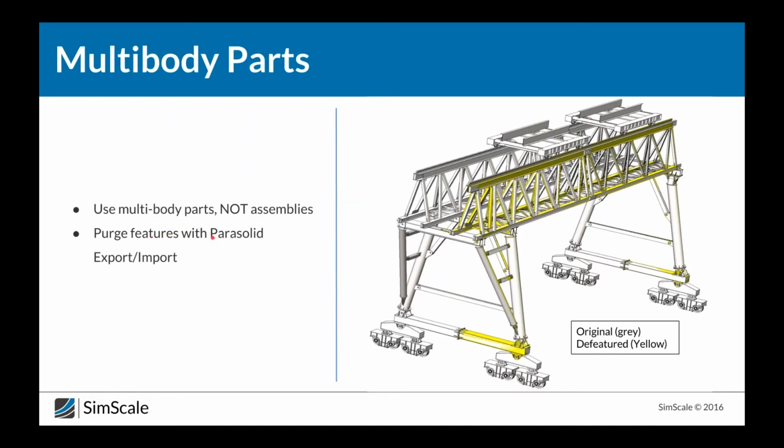And as I said, I regularly save out to a Parasolid and import it again, because what I find, particularly with geometry this large, is the history tree just gets unmanageable, and it can bog the system down. So I just keep it lean by purging it using export to Parasolid.